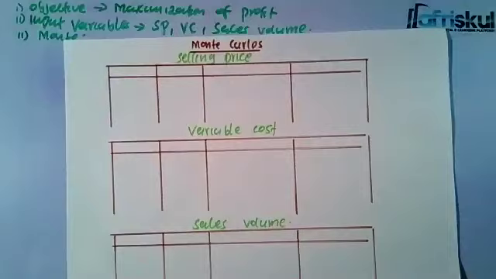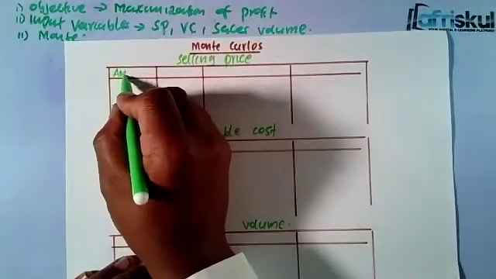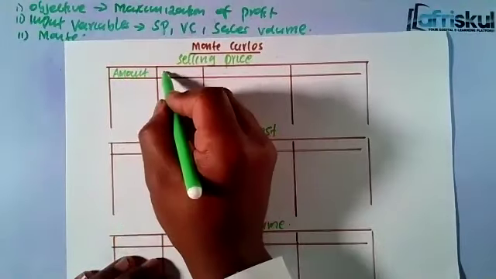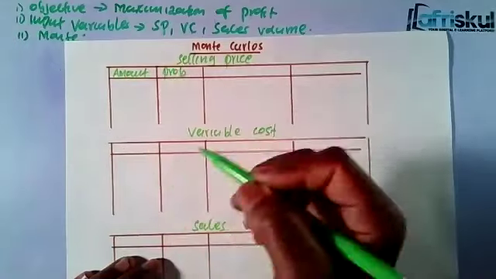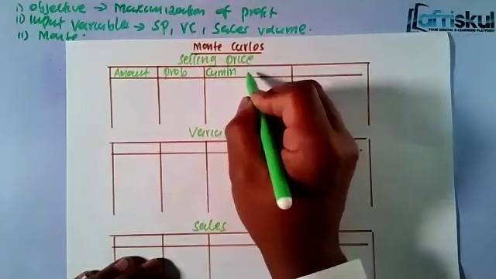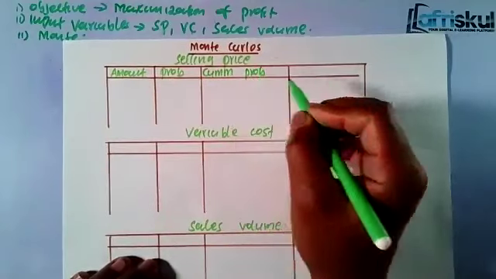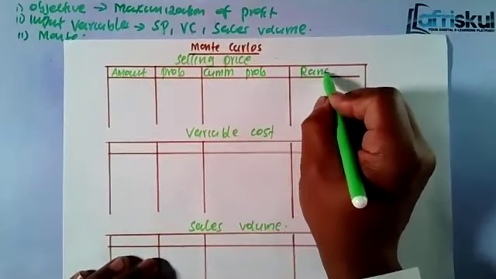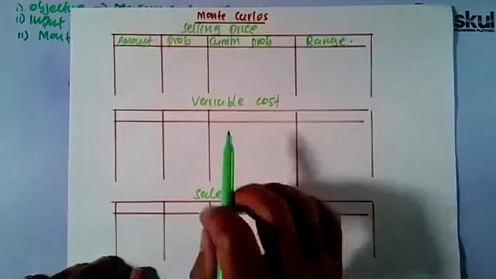For example, the selling price, you bring the amount there and you are given the probability. Then you cumulate this probability, so you bring the cumulative probability, and then you range. The same you do for the variable cost.